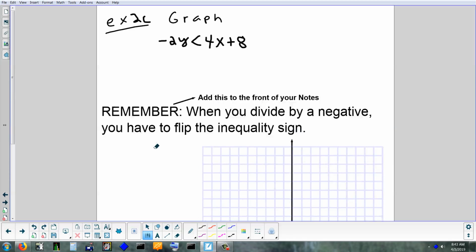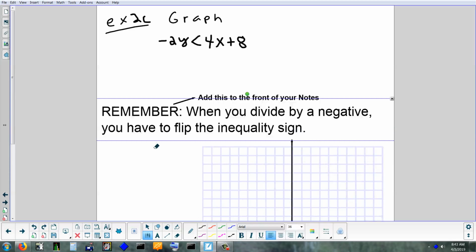Now, this one, I want you to somewhere, probably underneath the graph, on example 2C, write this. Remember, when you divide by a negative, you have to flip the inequality sign. So for this one, I'm already telling you that you're going to divide by a negative. It's going to happen.